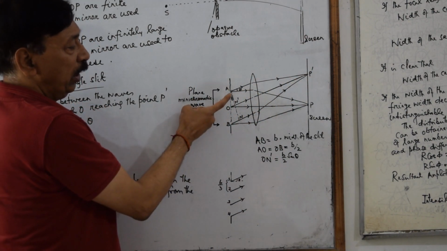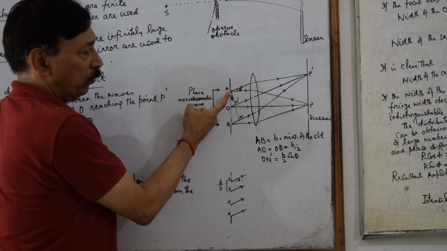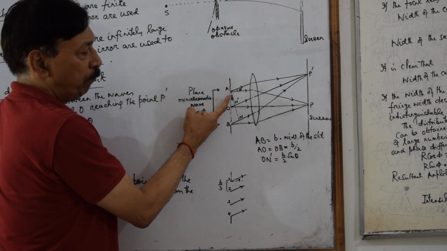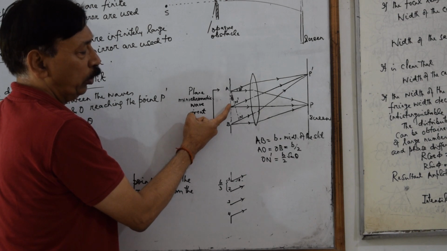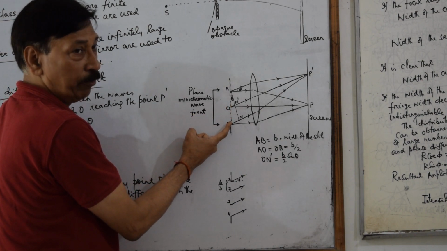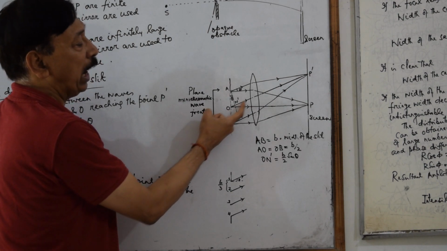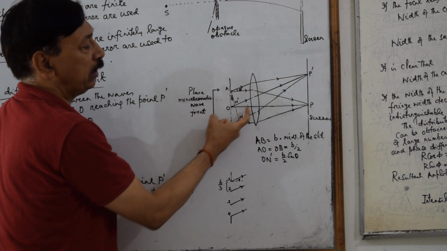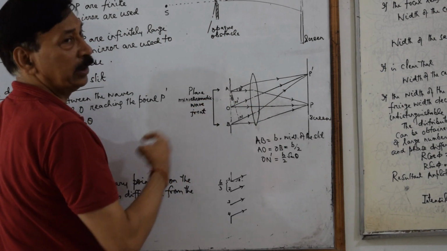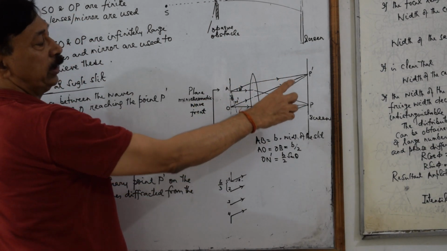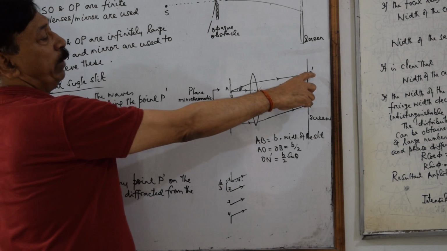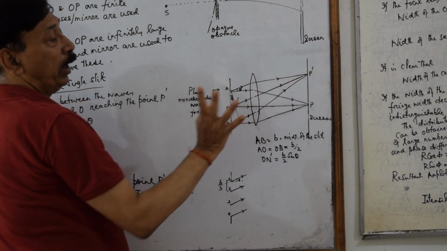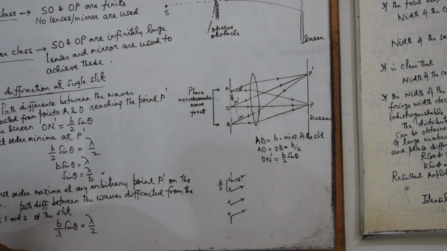In this way, for the points in the upper half of the slit AO there will be corresponding points in the lower half OB, such that the waves diffracted from each corresponding pair of points will reach P prime to produce minima.